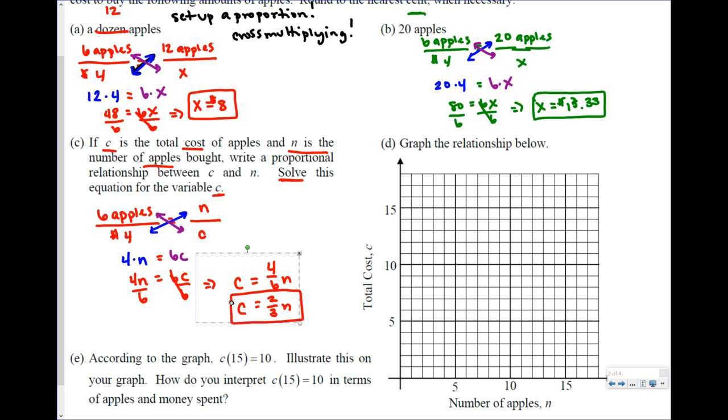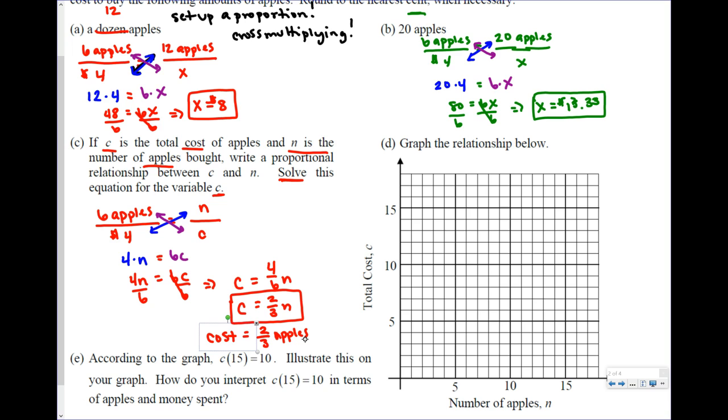What this equation says, in a very fancy way, is that the cost of the apples you buy is going to be 2/3 times the number of apples that you purchase.